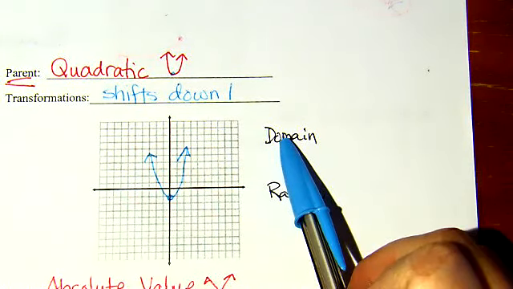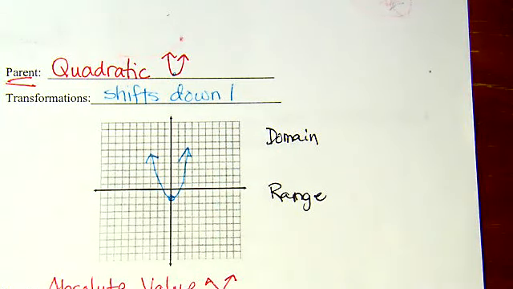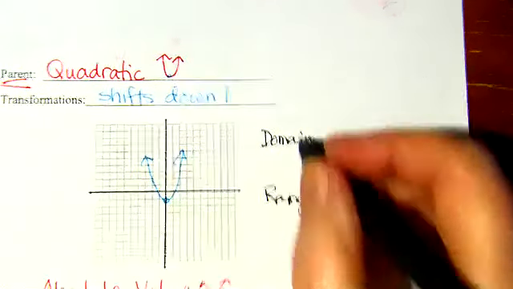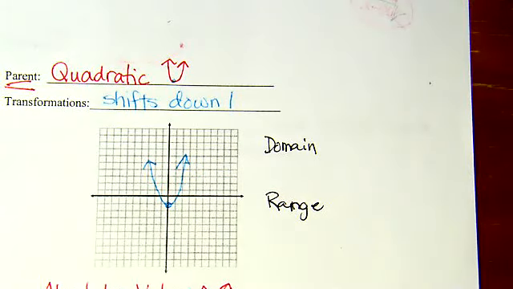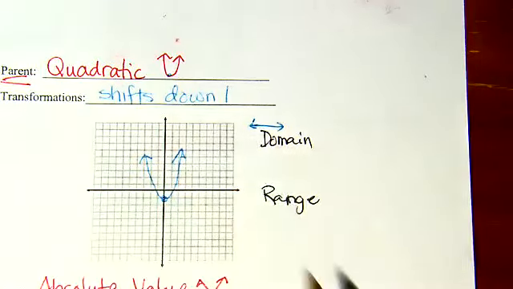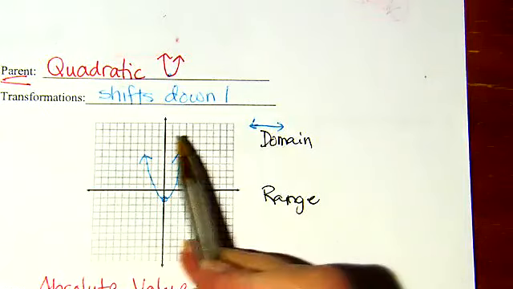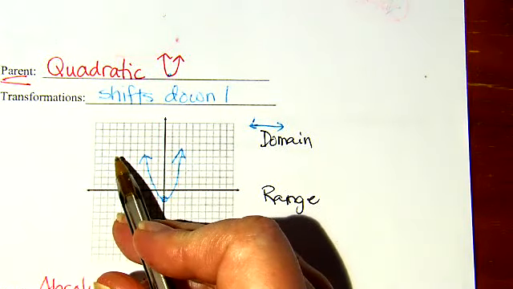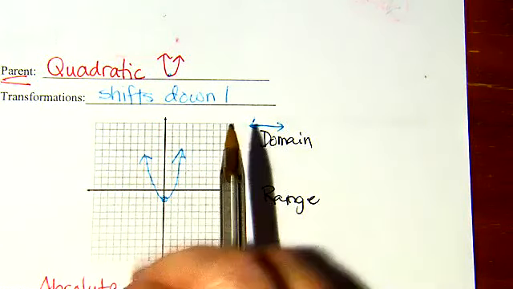So domain, if you remember, it's the set of all x's. So I'm looking for the x's, and the x's run left to right. So the x-axis is the one that runs horizontally. I'm going to look at this graph and think, how far to the left and how far to the right?